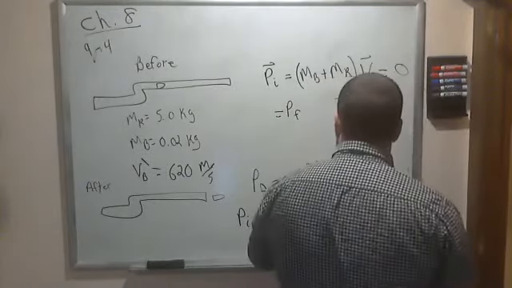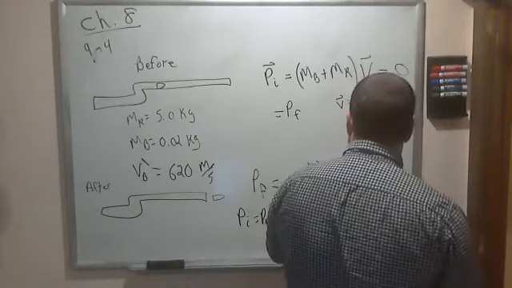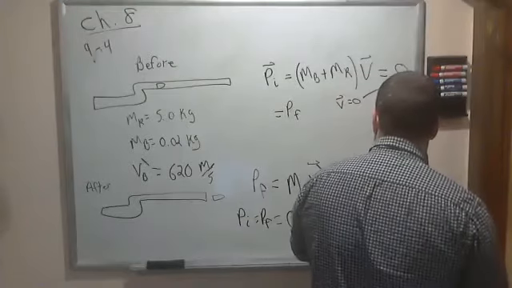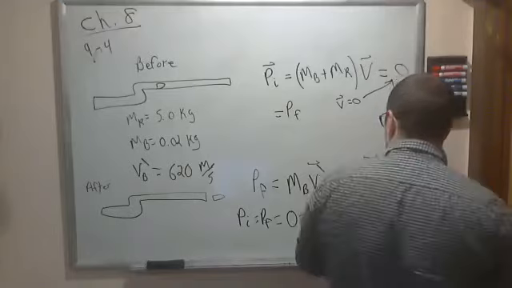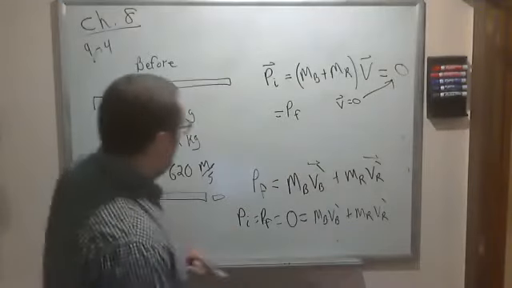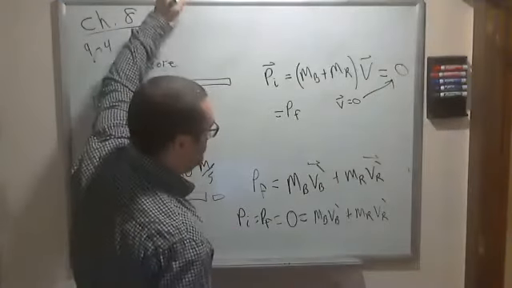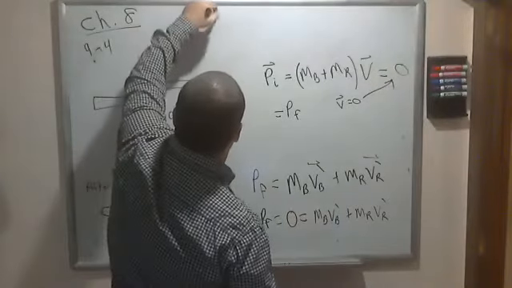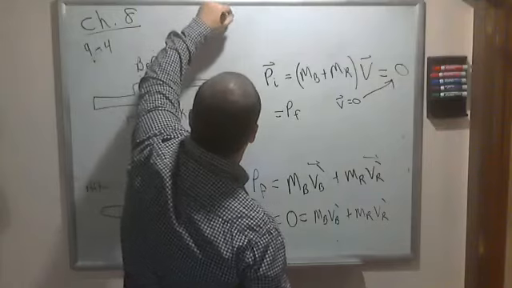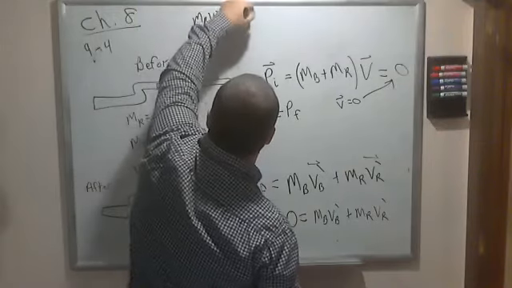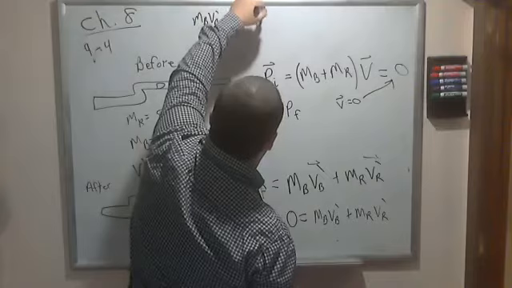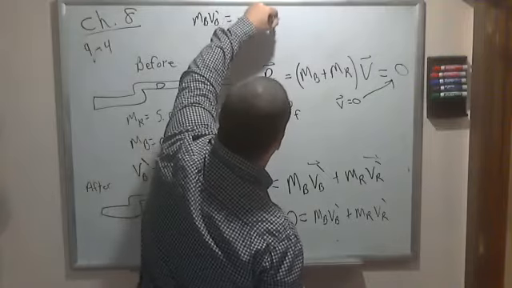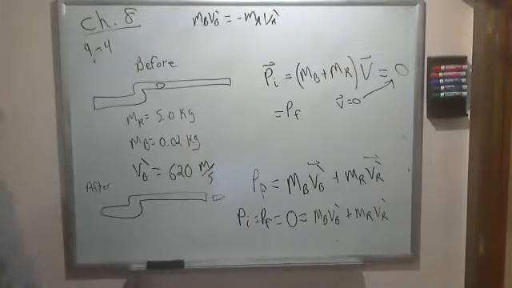and then we have the mass of the rifle times its velocity, R prime, and then I'll go up here, since this is 0, the mass of the bullet times VB equals the negative of the rifle's, right?